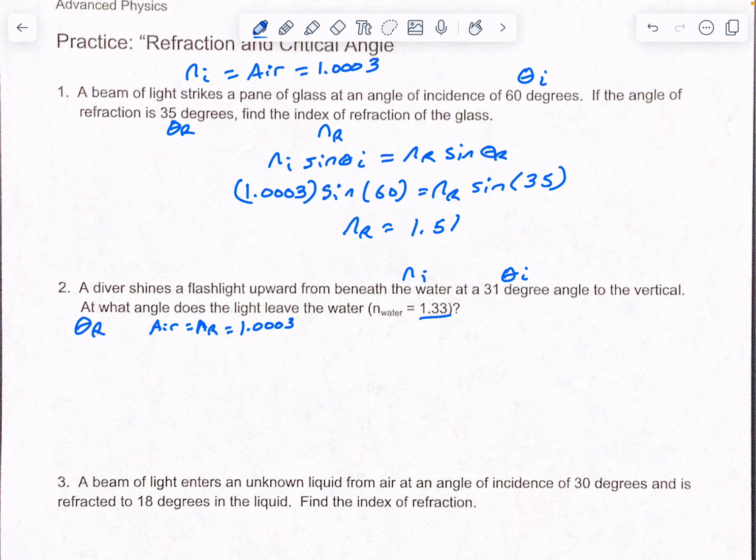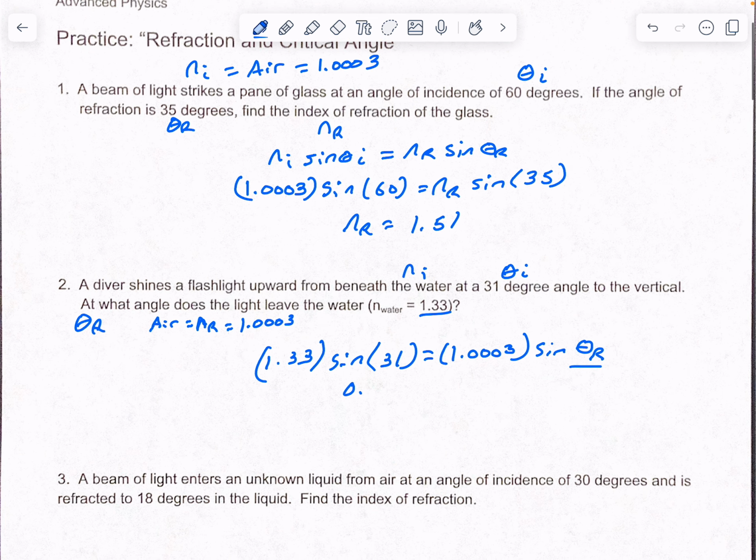So you use the same equation. Ni is 1.33 times sine of your original angle, which is 31, equals Nr, which is now 1.0003, times sine of theta R. Again, this is what we're looking for right here. So I would solve the left side and then divide both sides by 1.0003, and that gives you 0.685 equals sine of theta R. Remember, I want theta R, so I've got to get that sine off.